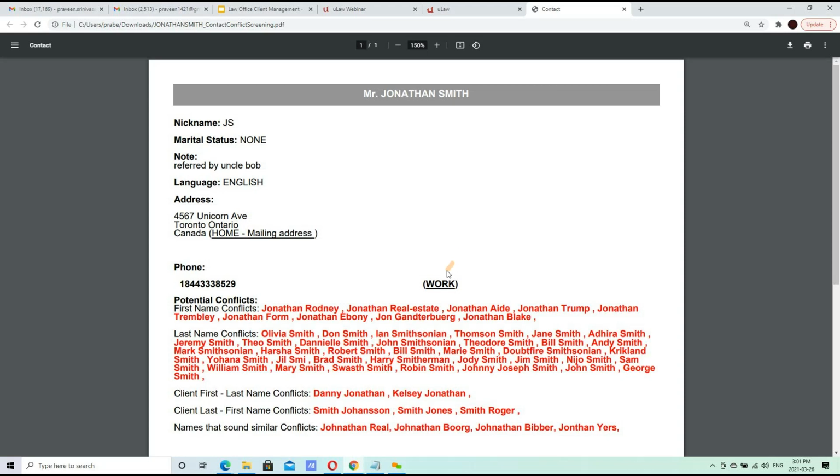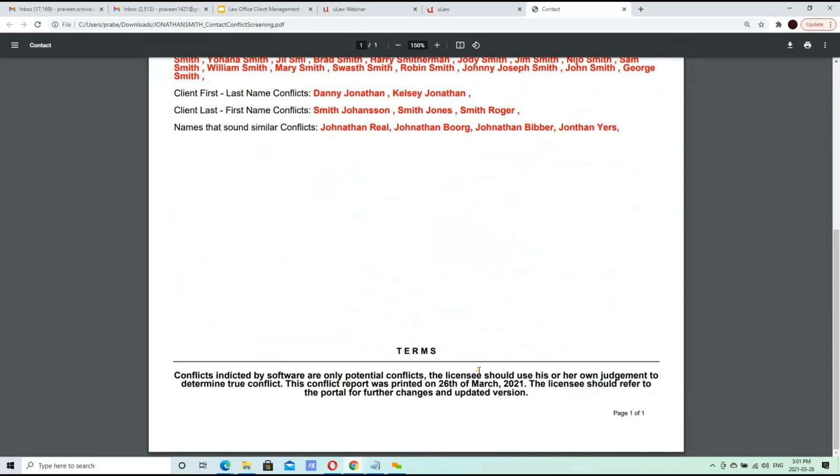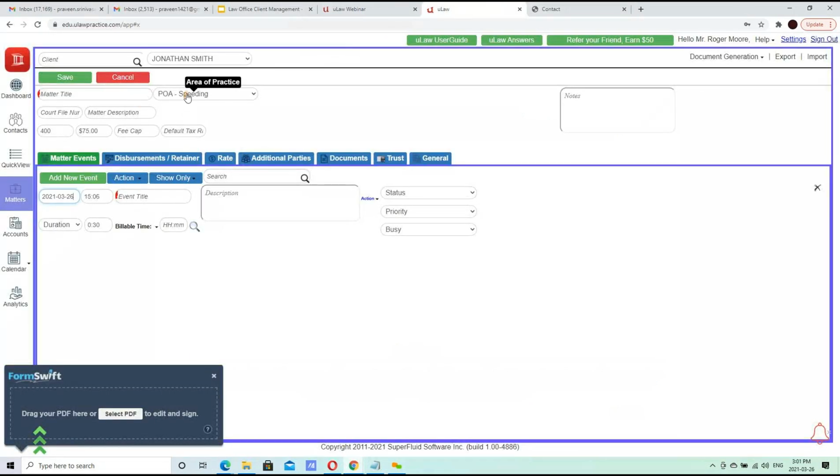So there's quite a few Jonathans in the system that you've come across. In fact, you've had a few first and last names. You have quite a few John Smiths. And as per the Law Society requirement, this is date stamped. Okay. Let's assume you move forward with creating a matter. Family law.